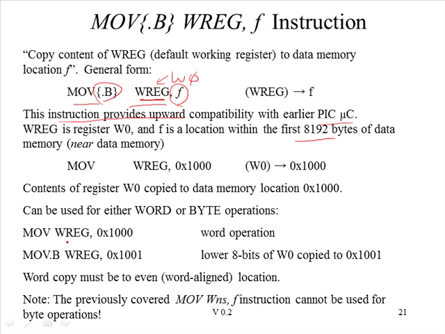So here I could move the 16-bit value in W0, using the keyword WREG, to location 1000, or I could move the byte value in W0 to location 1001. If I do it as a word operation, it must be to an even location in data memory. Bytes can go to either even or odd locations.